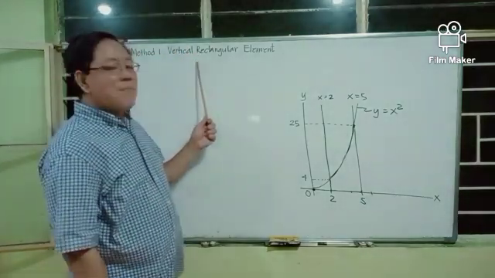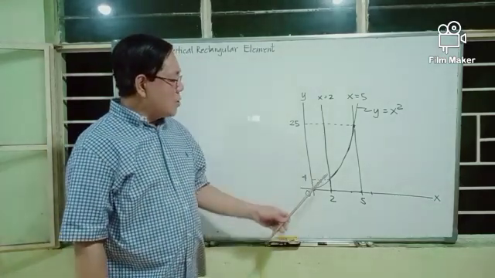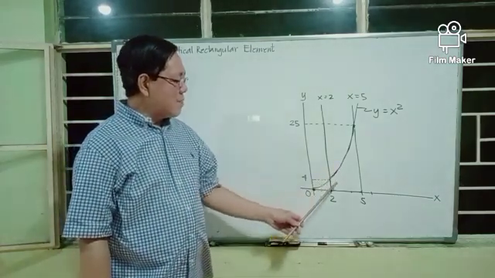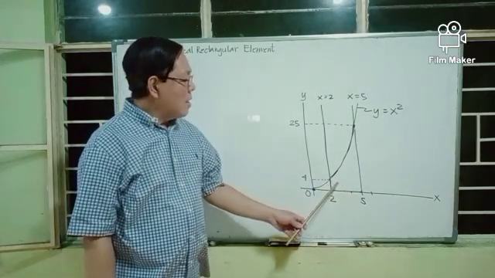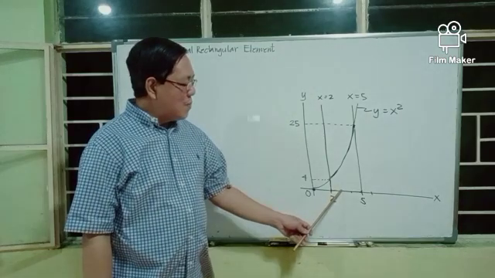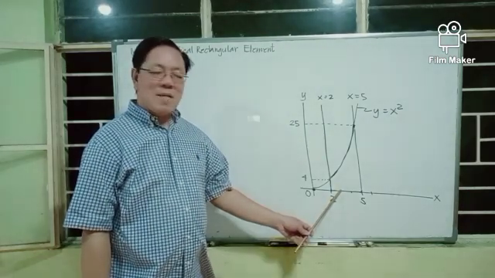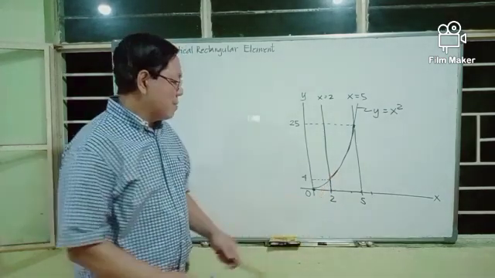In this method 1, we take a vertical rectangular element. You draw a rectangle anywhere in the region, in the area that is required, and the rectangle should go from this part of the x-axis to this part of the parabola.